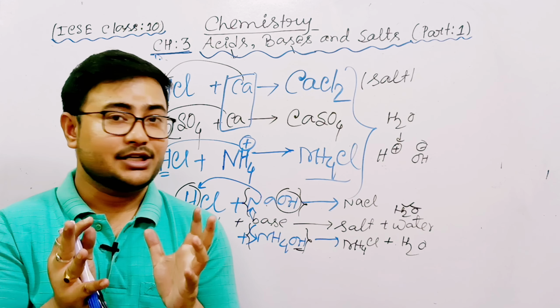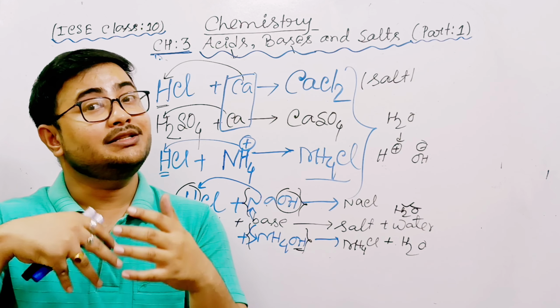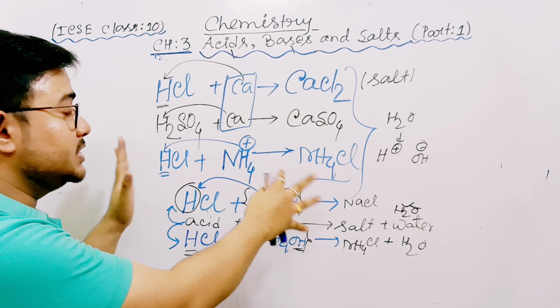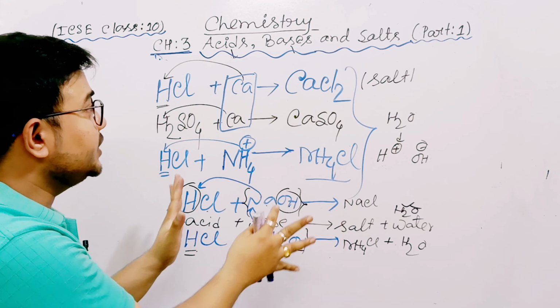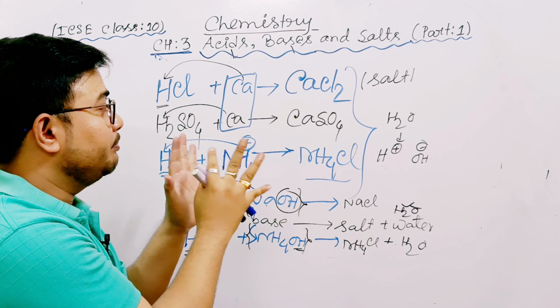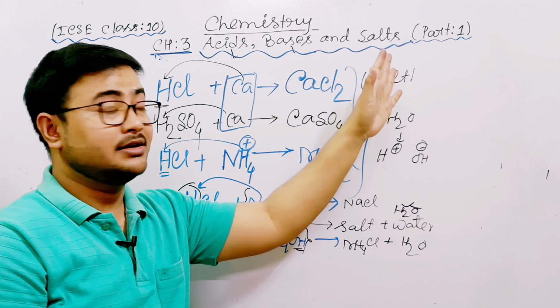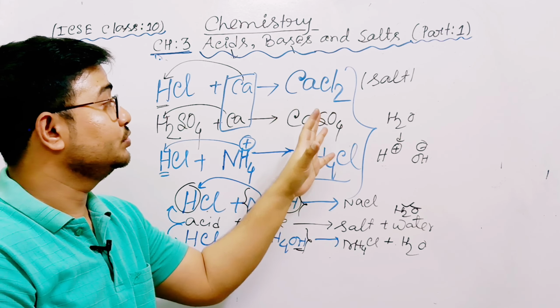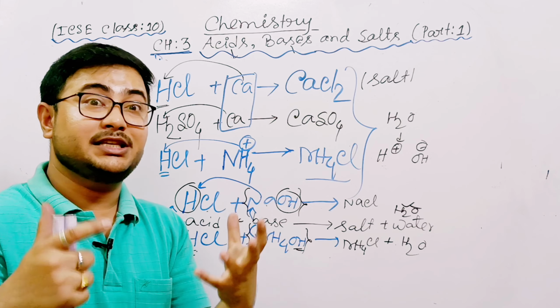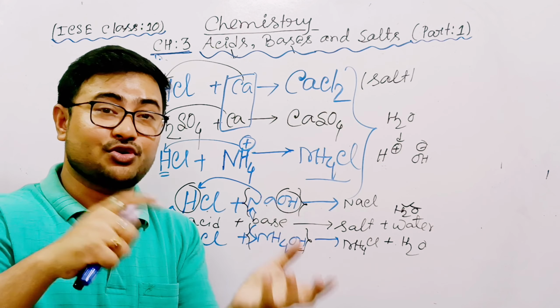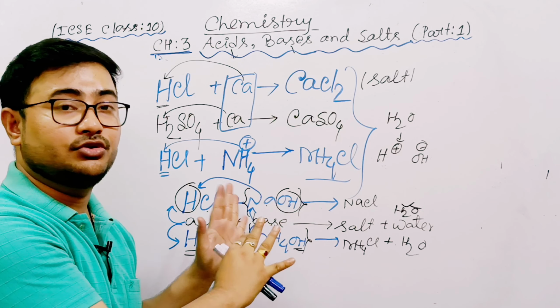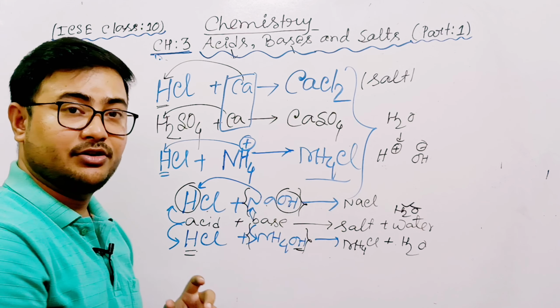So that's why I cannot combine the next concept with this video. This video is made for primary concept part 1. I will not try to introduce monobasic, dibasic, tribasic, strong, weak in this video. These are the primary concepts.